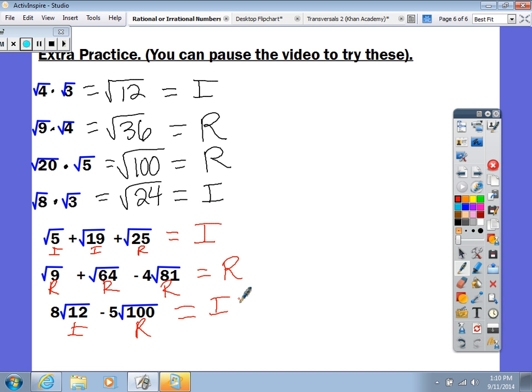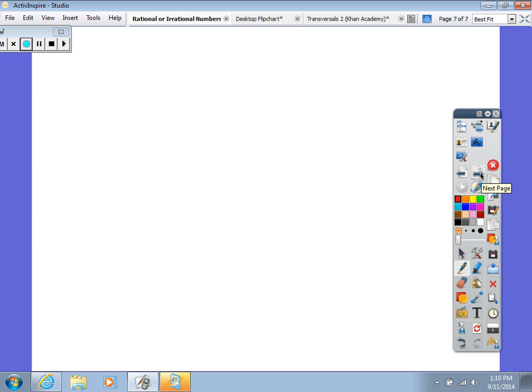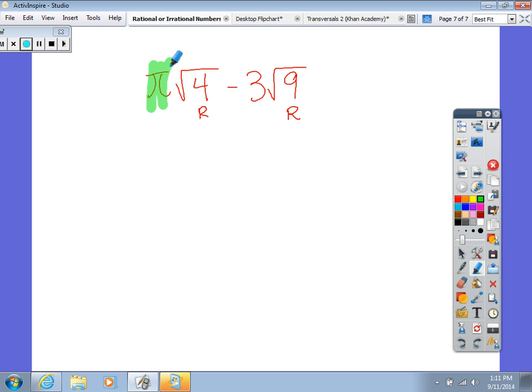Okay, let me go ahead and show you one more type of problem, a freebie problem again. If I had pi times the square root of 4 minus 3 square roots of 9, would this be rational or irrational? I mentioned this a little bit earlier, but I want you to notice that even though this is rational and this is rational, your final answer would not be rational in the end because you have pi right here.